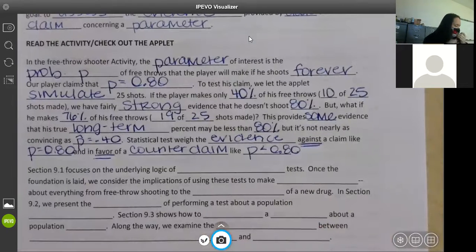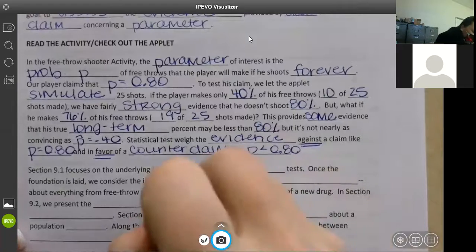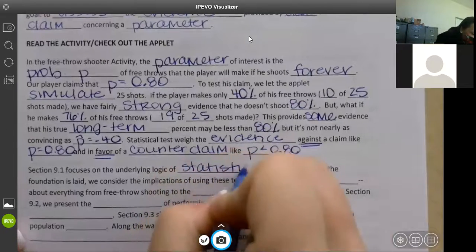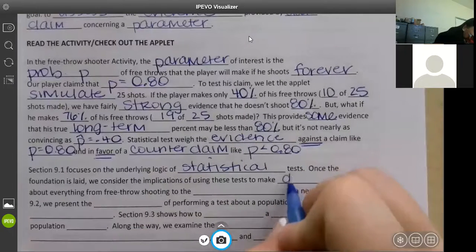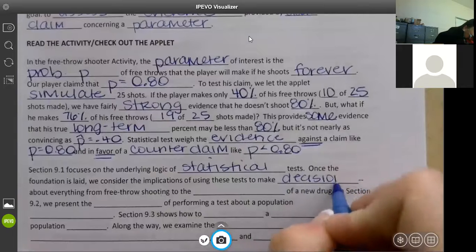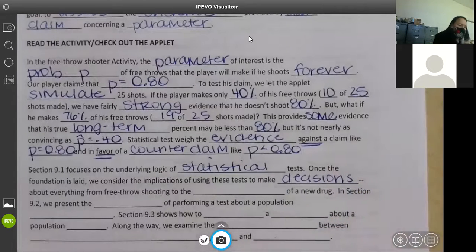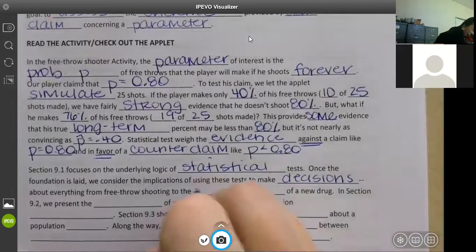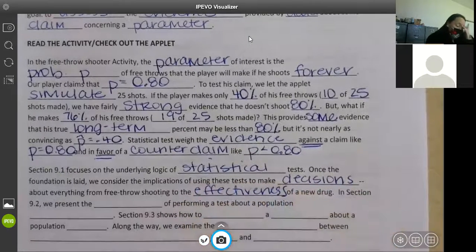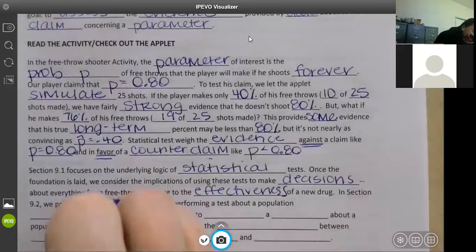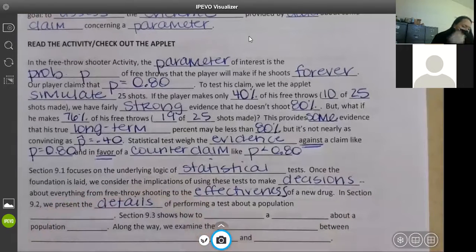Section 9.1 focuses on the underlying logic of statistical tests. Once the foundation is laid, we consider the implications of using these tests to make decisions about everything from free throw shooting to the effectiveness of a new drug. In section 9.2, we'll present the details of performing a test about a population proportion.